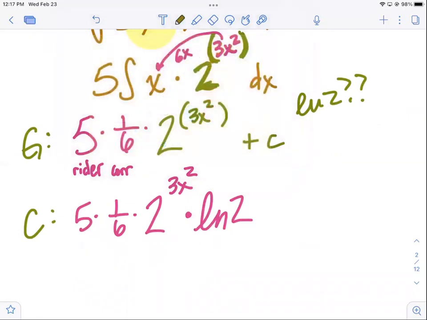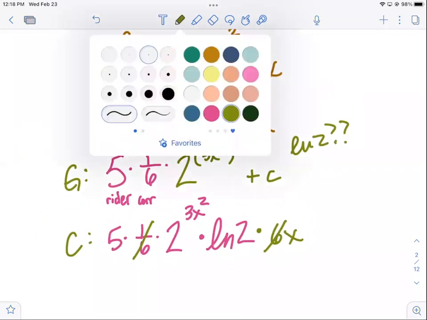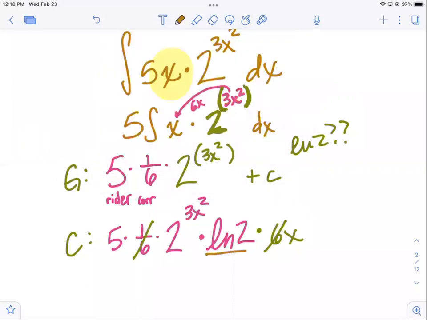And then it would be times the chain rule, 6x. And then, of course, the C goes to 0. So the 1/6 and the 6 divide out, and I get the exact same thing I started with, except looking back now, I have an extra unwanted natural log of 2, which is a number, right?